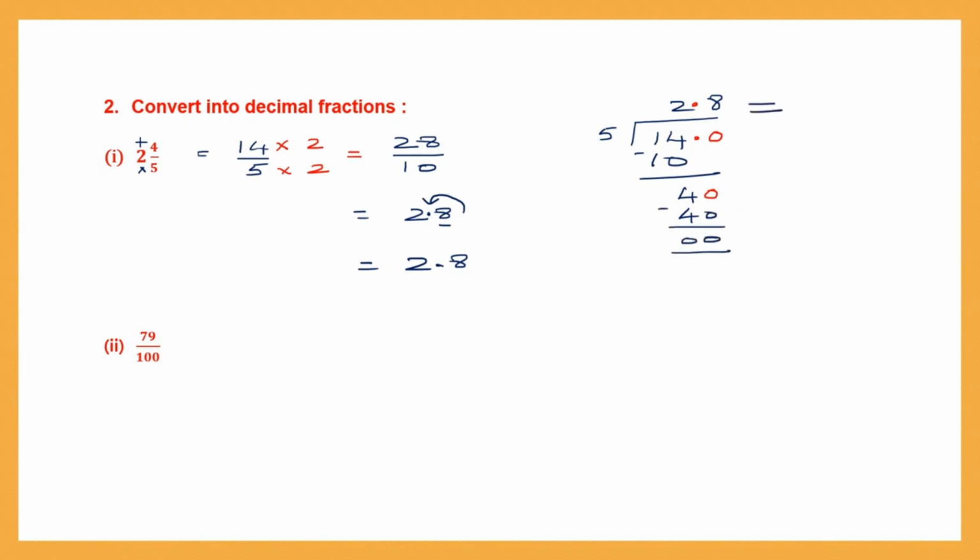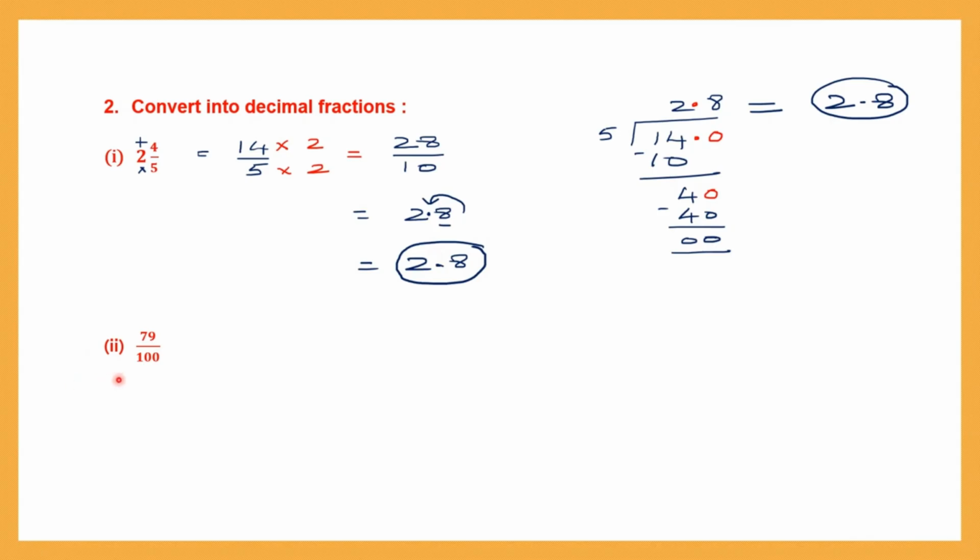So what did I get here? I got 2.8 as my quotient. So can you see it's the same as this? So these are two ways of converting into decimal fractions if your denominator is not 10 or a higher power of 10. One is you convert it like this, otherwise you do normal division like this and get your answer.